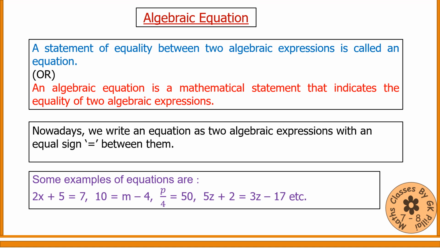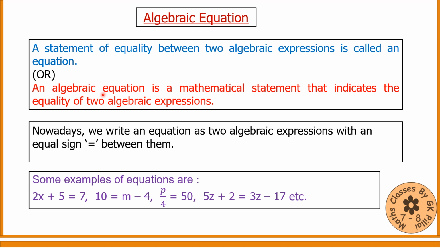When we equate two algebraic expressions, or one algebraic expression with a constant term, we get equations. The statement goes this way: the statement of equality between two algebraic expressions is called an equation.